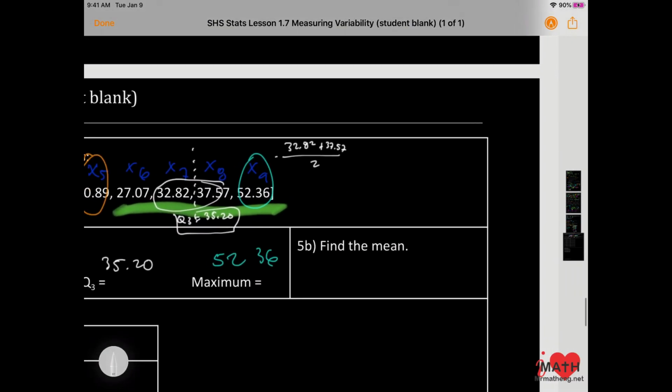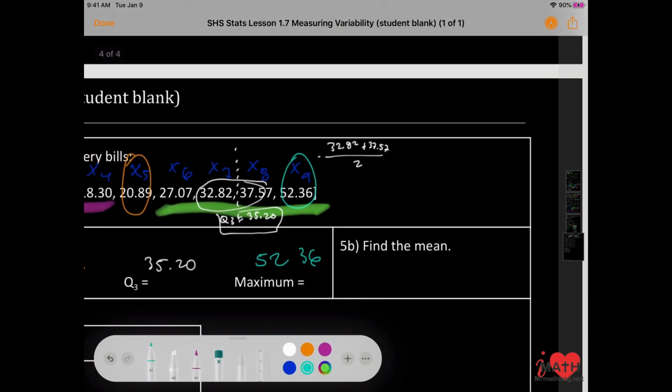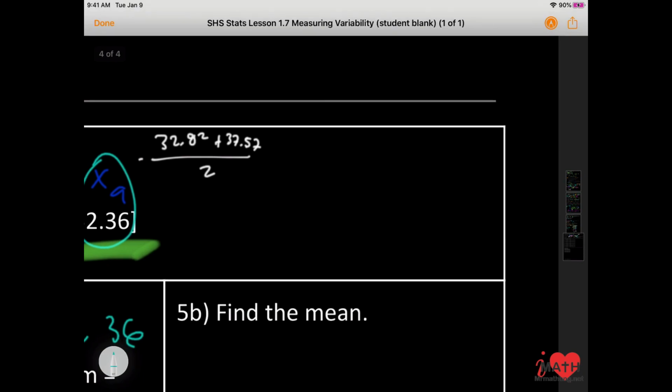Now I do want to, you can write this down. Let's put it up here where I have some space. Let's just say, I don't know, make up a formula here. Median position. How do you find the median? Well, if you take how many numbers in your list, you add 1 to it and divide it by 2. So in our list, we have 9.